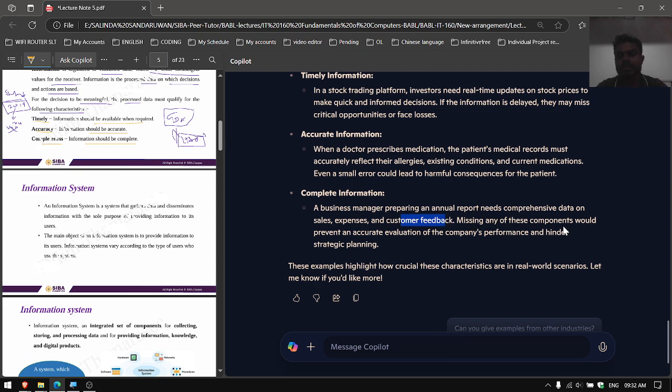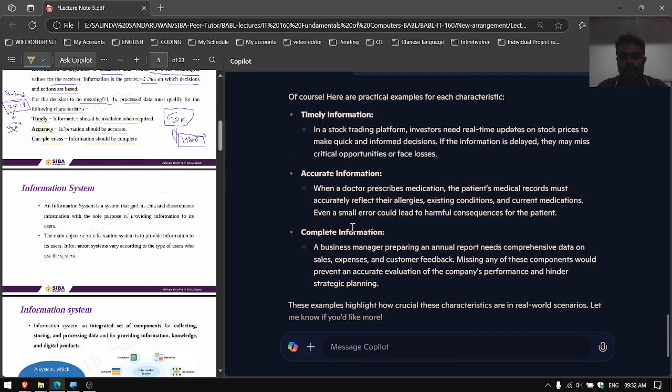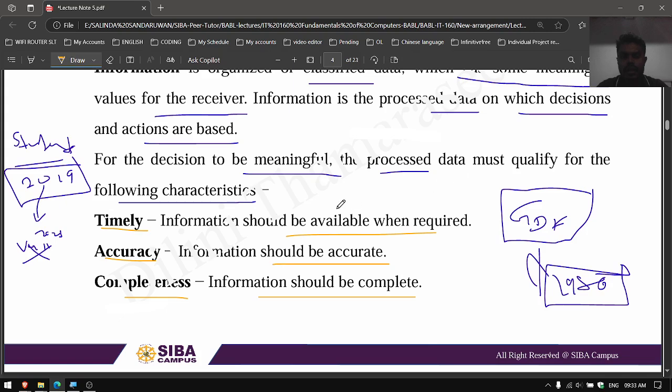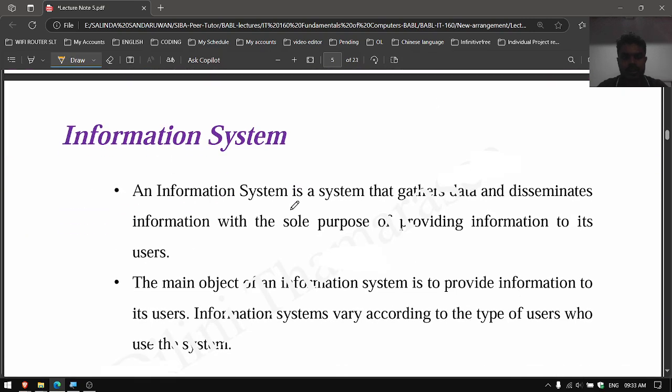Otherwise, missing parts will not make a complete report. So here you have some practical examples of how these 3 points are important, right? Hope you got the point.